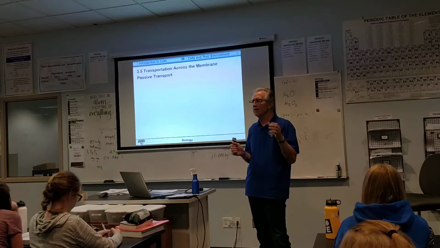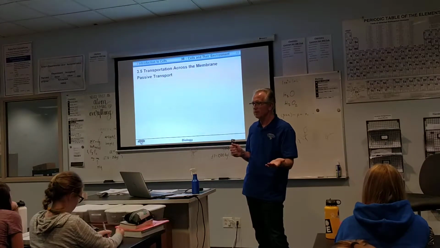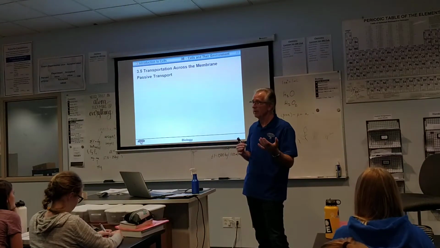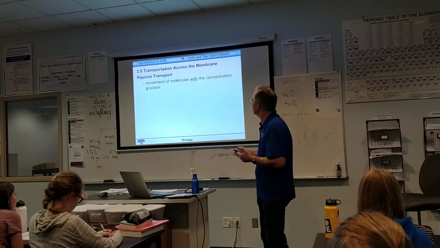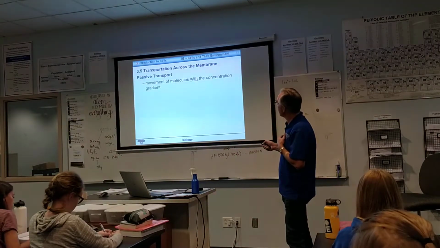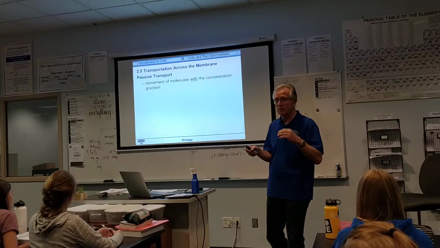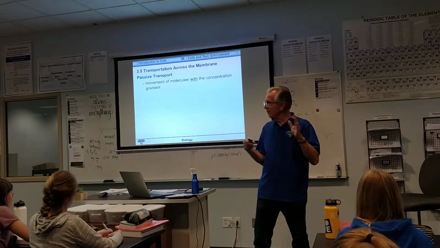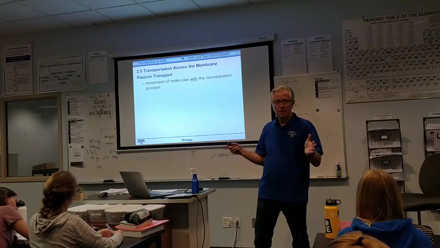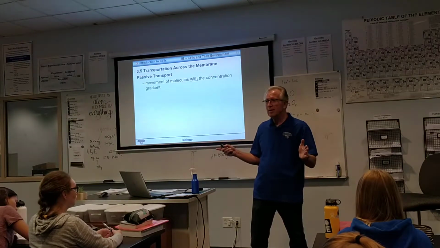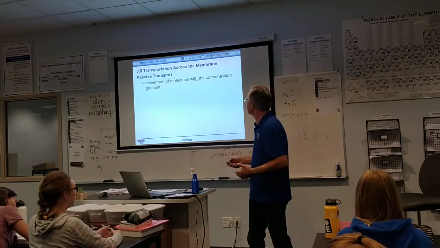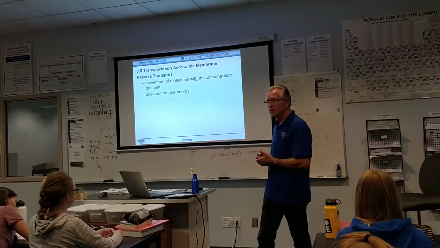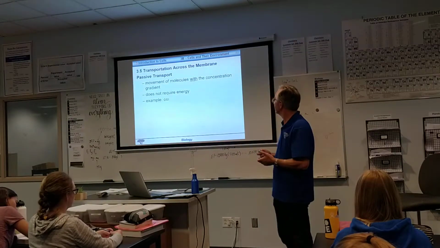Passive because the cell doesn't have to put out any energy for this to happen. It's something that will happen naturally, a movement of molecules with the concentration gradient. It does not require any energy.